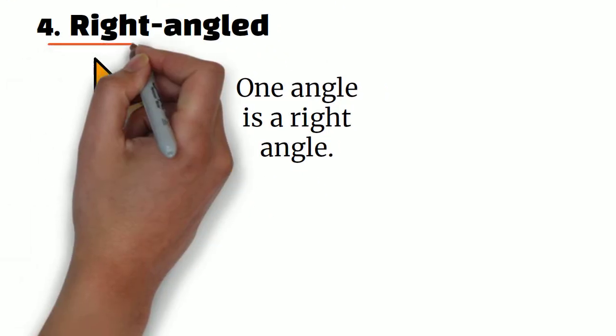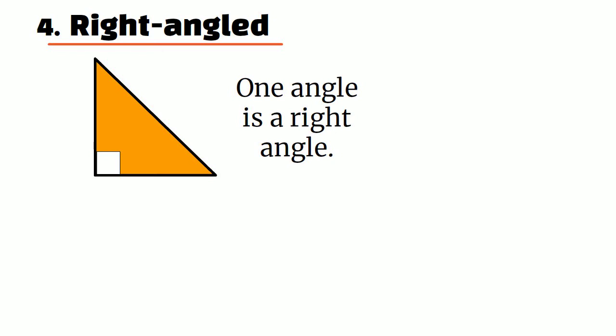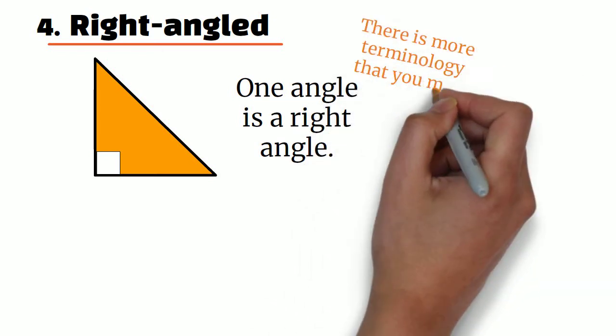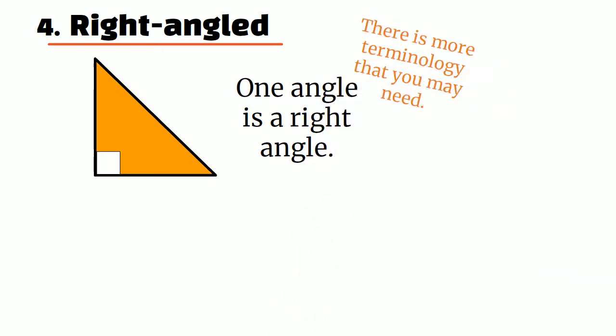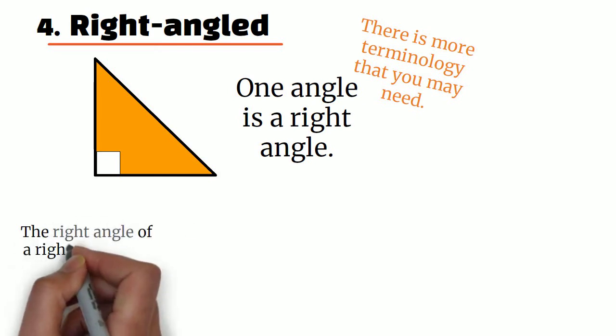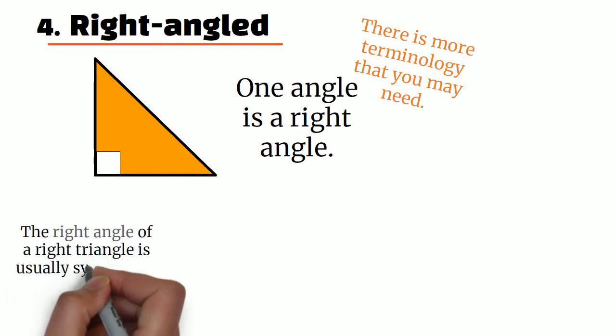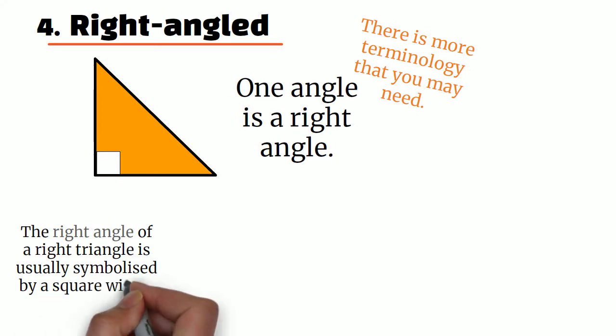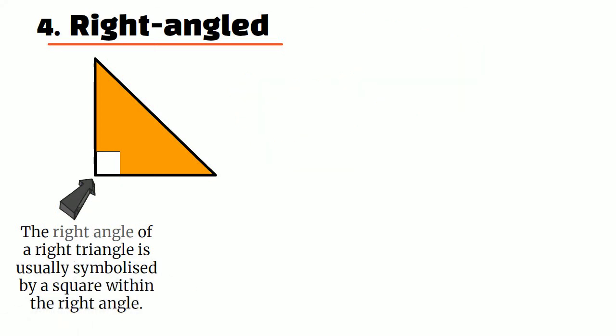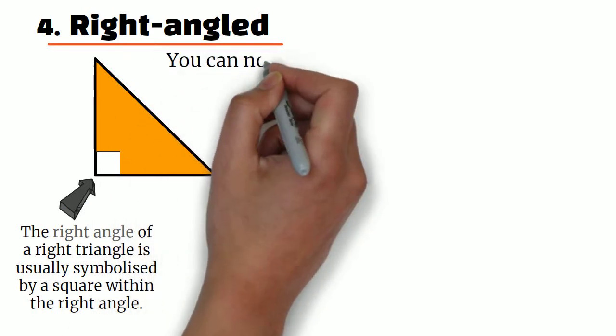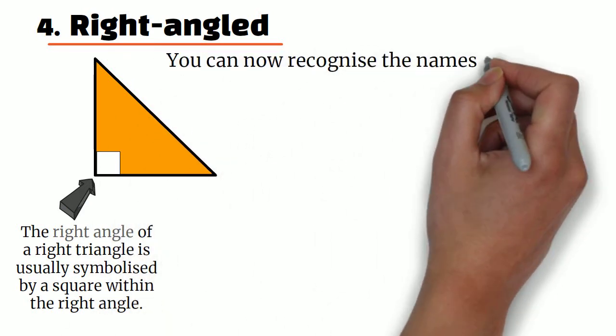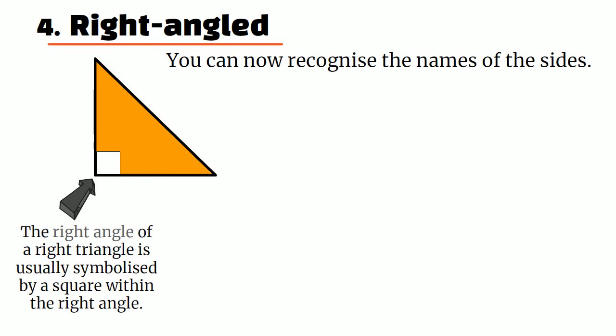Let's look closely at the right-angle triangle, as there is more terminology that you may need. The right angle of a right triangle is usually symbolized by a square within the right angle, like this one here. Based on this, you can now recognize the names of the sides.